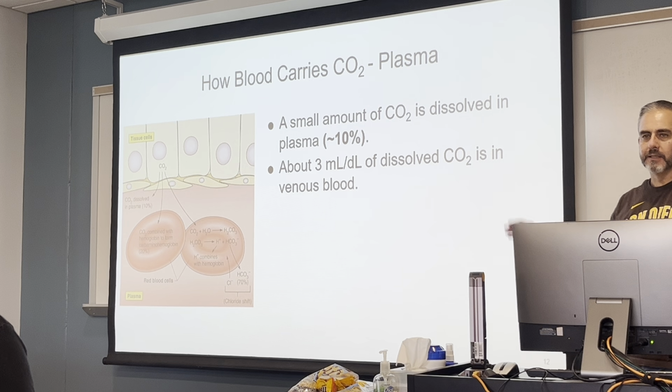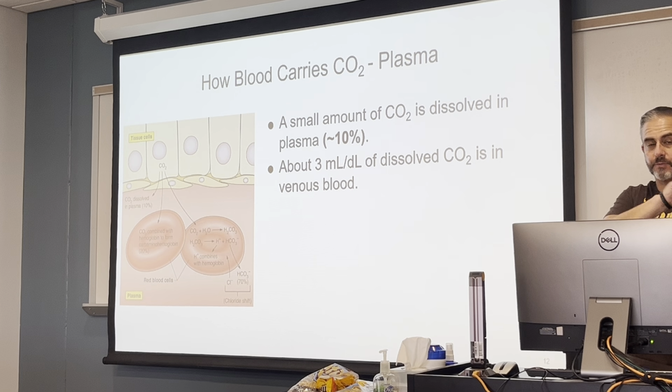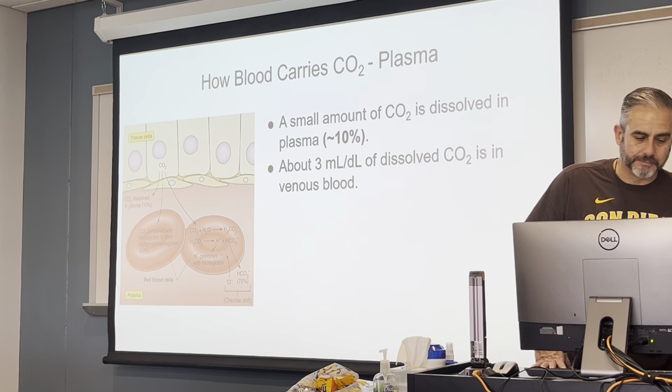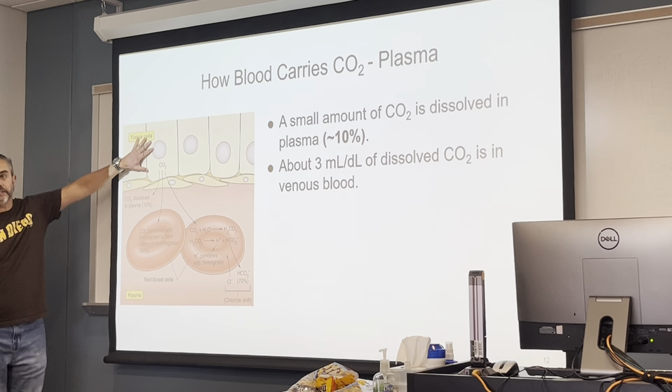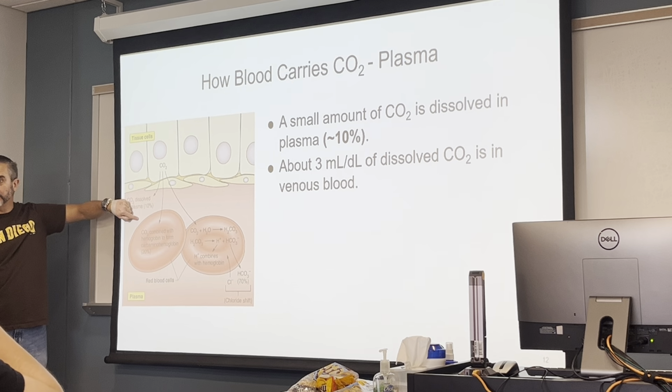All right, so let's start with the easiest one, plasma. Approximately 10% of the carbon dioxide you are carrying right now in your bloodstream is dissolved in your blood plasma. So that's a bigger percentage than oxygen, right? Oxygen, we said, was only around 2%. As CO2 leaves the tissue, about 10% of it becomes dissolved in blood plasma.